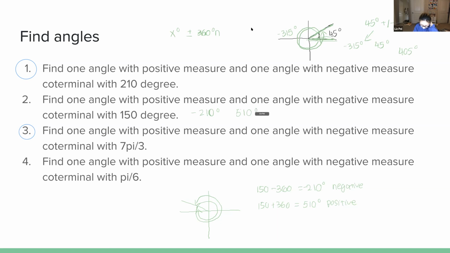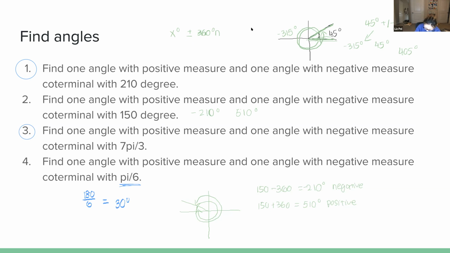And then for number 4, first you want to convert this to degrees mode. So that would be 30 degrees, right? Because 180 over 6 equals 30 degrees, right?